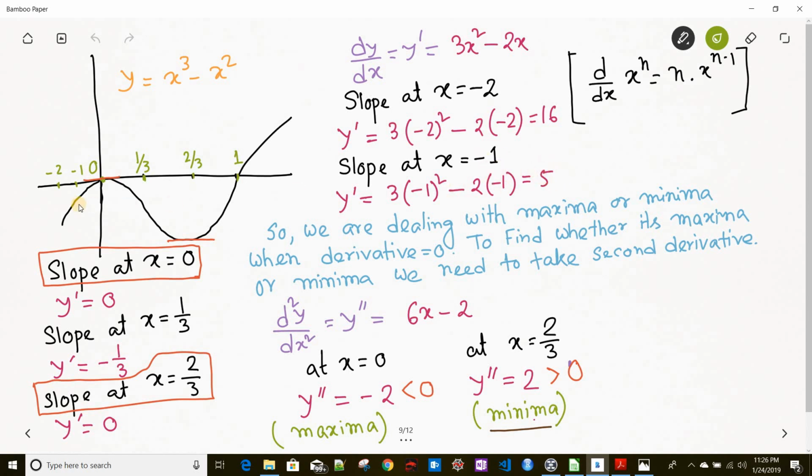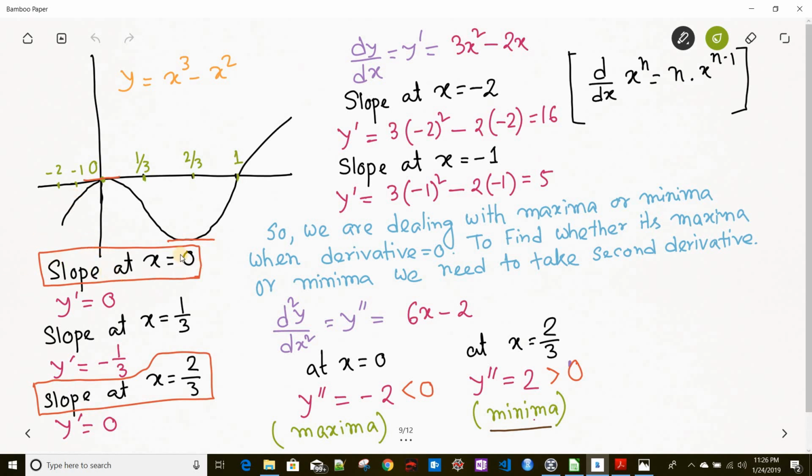That means again the curve is steep, but the slope is decreasing. The slope at this point will be far greater than the slope at this point. The slope is still positive, but the curve is slightly going to the flatter side. This is what the derivative is telling me, correct?